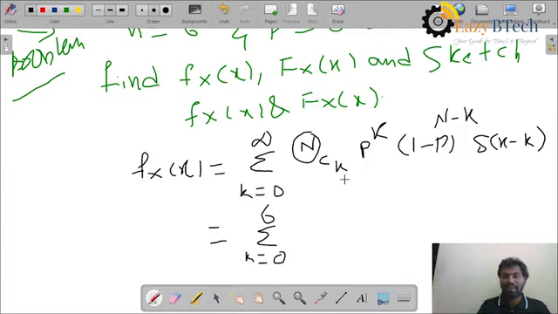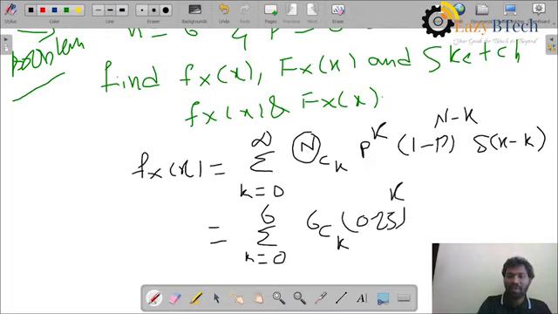That's why it is n equal to 6 always. So 6Ck, p means 0.25 whole power k, 1 minus p means 0.75 whole power 6 minus k into delta of x minus k.